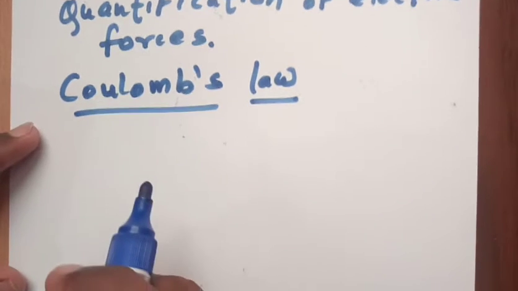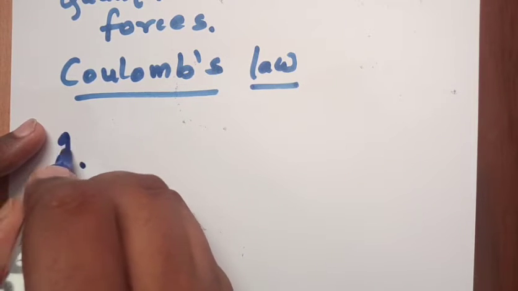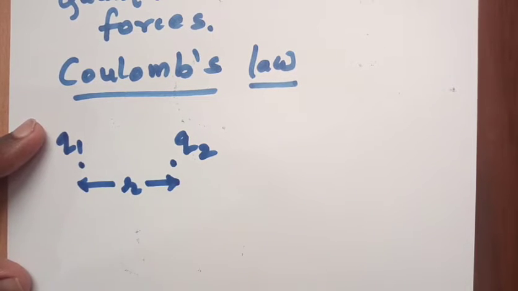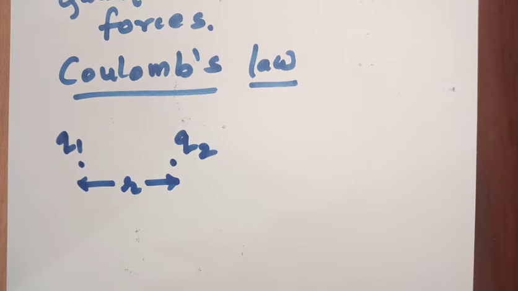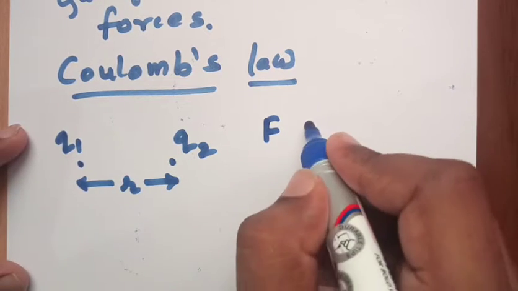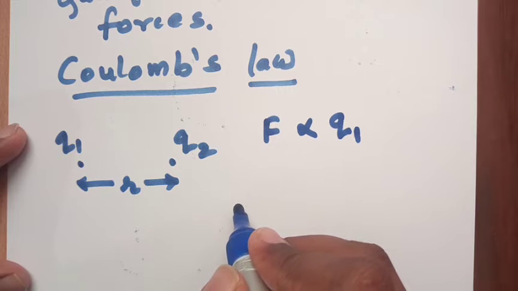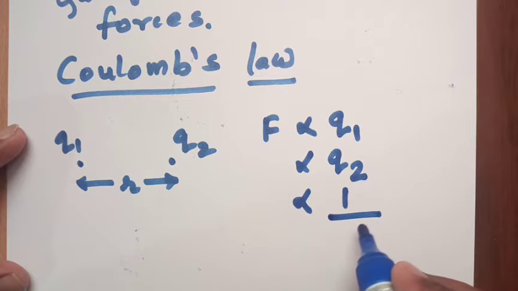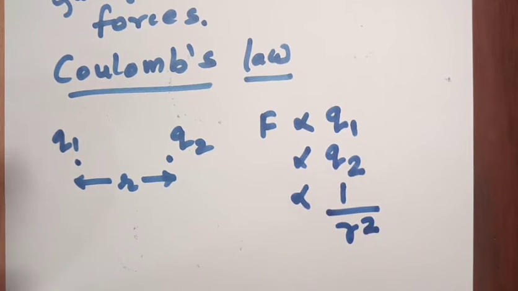Coulomb found that if you have 2 point charges, say Q1 and Q2, separated by some distance R, then the force F acting between them is directly proportional to both the charges, that is, to Q1 as well as Q2, and inversely proportional to the square of the distance between them, that is 1 upon R square.